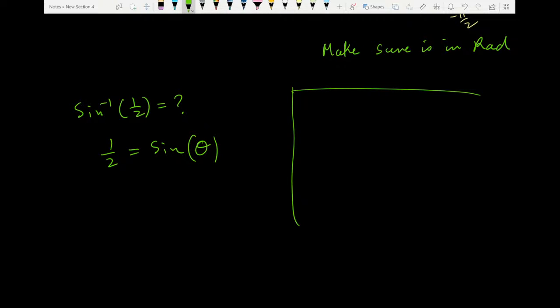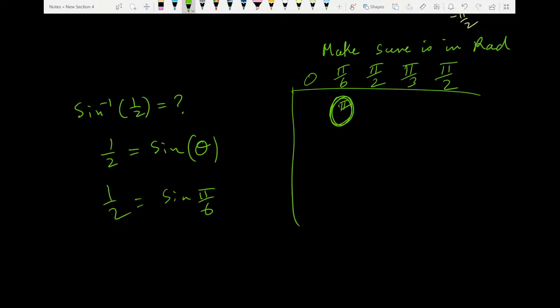Do you remember that table? 0, pi over 6, pi over 4, pi over 3, and then pi over 2. So we use that, and we look at for what angle you get 1/2. You get it at pi over 6, right over here. So right away you could say sine of pi over 6 is 1/2.